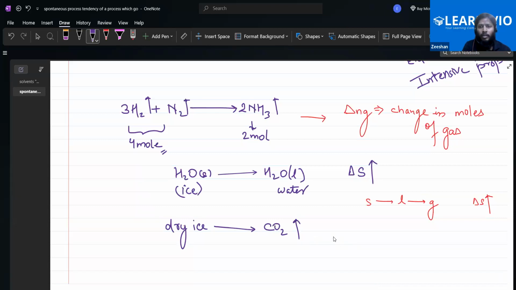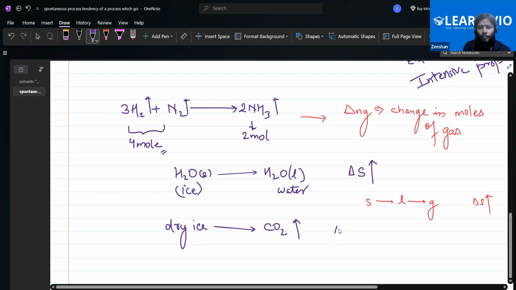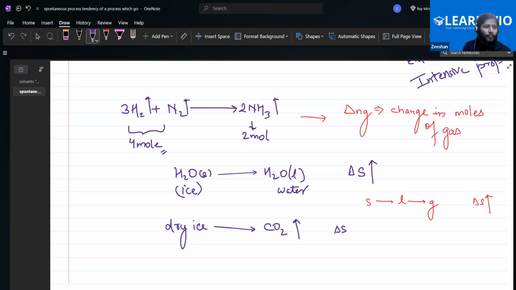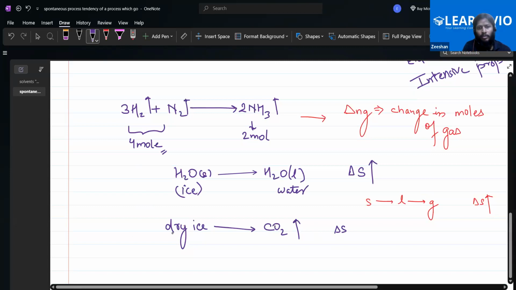Can you tell me, delta S, entropy has increased or decreased? Sir, could you repeat the question? In this question I have written, entropy has increased or decreased? Increased.